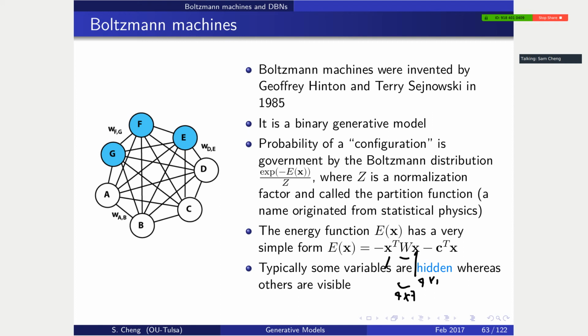C is also 7 by 1. If you have n nodes here, W will be n by n, and C will be n by 1.